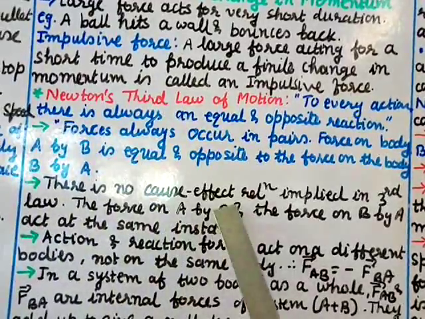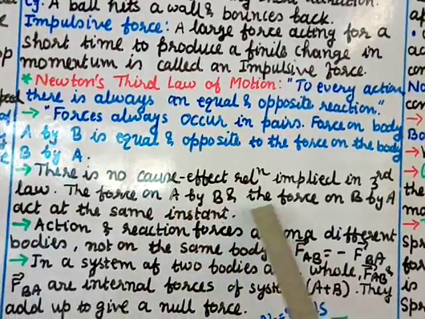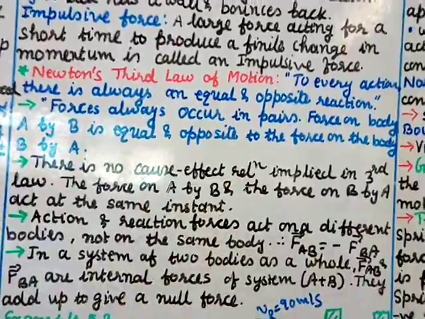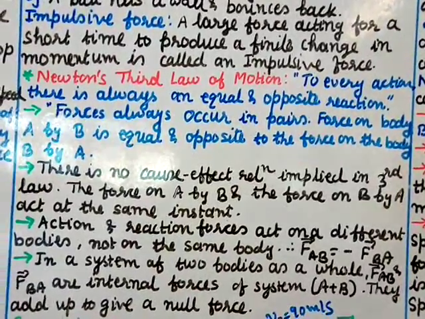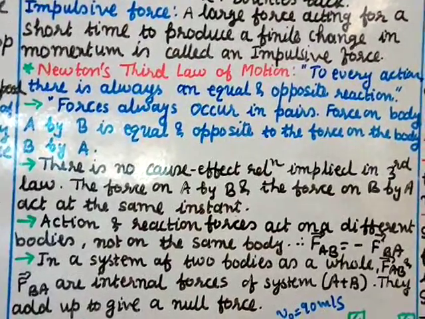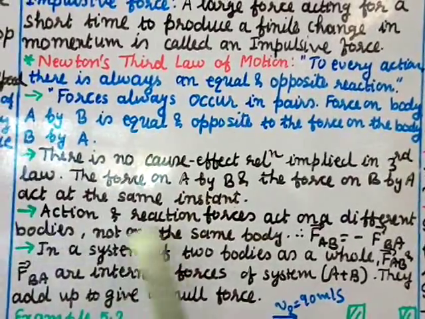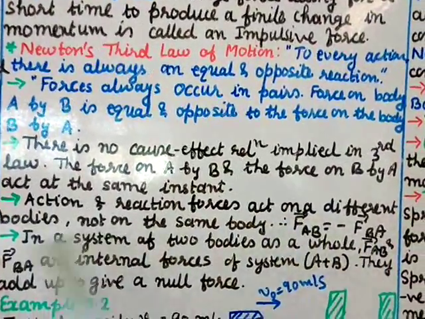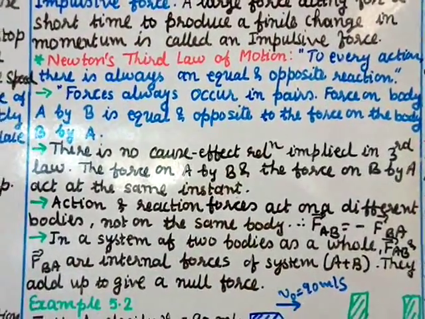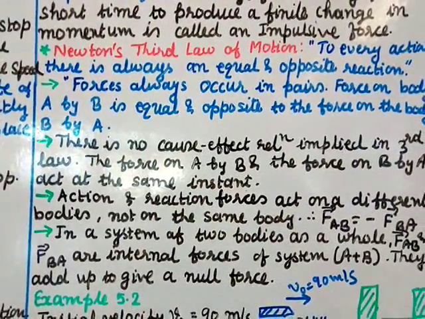There is no cause-effect relation implied in the third law. The force on A by B and the force on B by A act at the same instant. Action and reaction forces act on different bodies, not on the same body.